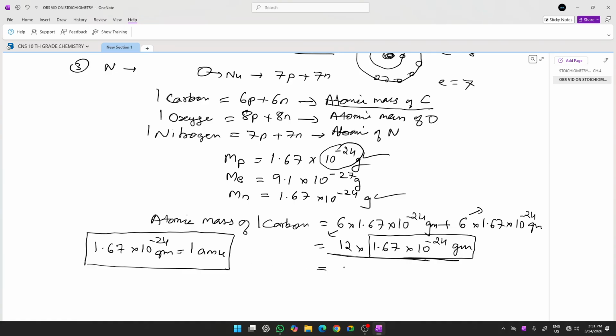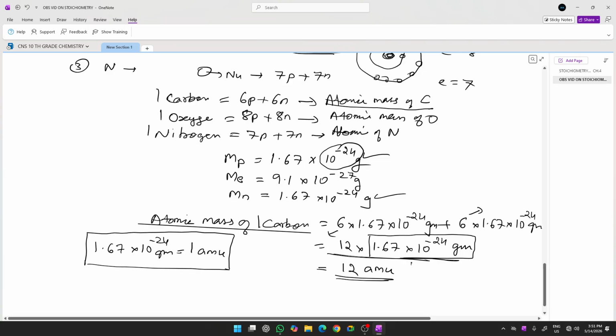So I can call this 12, and instead of the number I am writing AMU. What I mean to say is the atomic mass of a single carbon atom is how much? 12 AMU. Or you can say 12 times 1.67 times 10 raised to minus 24 grams, right?